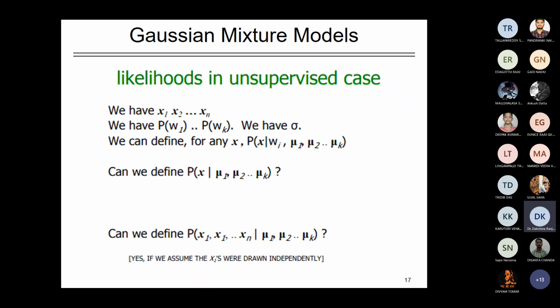So we can define this function. Also, we can define this function by taking the n samples together. So here we get the probability of x1 to xn given mu1 to mu k, for k number of components.